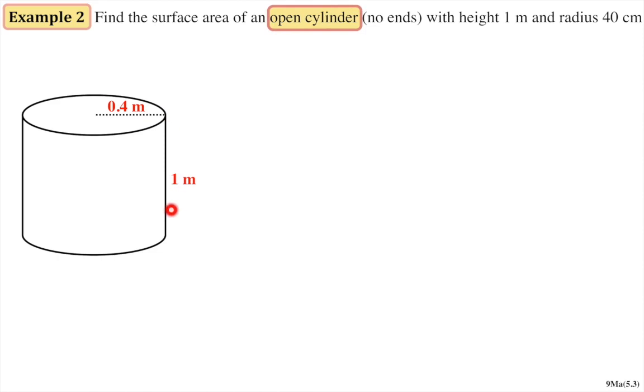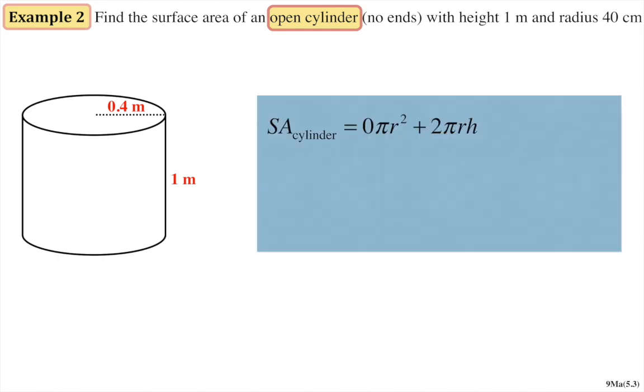I know the height of my cylinder is 1 metre, and the radius, instead of writing 40 centimetres, I know 40 centimetres is 0.4 of a metre. I could have called this 100 centimetres and 40 centimetres and then got my answer in centimetres squared. But I'm going to get my answer in metres squared. Now, when I write the formula down, this part here, the 0 pi r squared, you don't have to write.